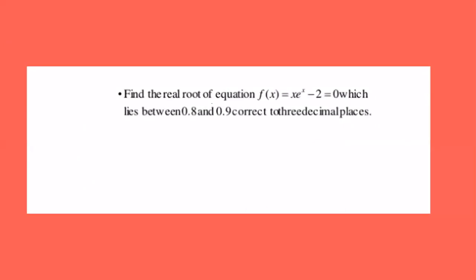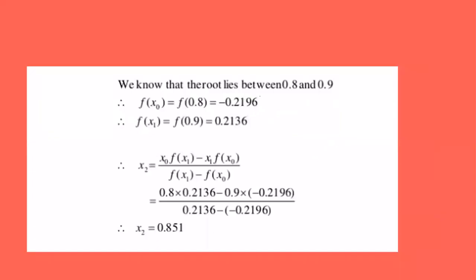Next one is find the real root of the equation f of x is equal to x e power x minus 2, which lies between 0.8 and 0.9, correct to 3 decimal places. We know that the root lies between 0.8 and 0.9. Why? Because your f of x is x e power x minus 2.